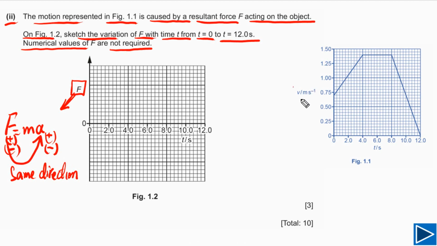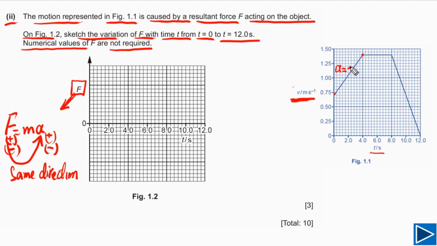Now let's find out when acceleration is constant, when acceleration is positive, when acceleration is negative, and when acceleration is 0. If we look at this velocity versus time graph, velocity is on the y-axis and time is on the x-axis. We need to find the gradient. From this point to this point, the gradient is constant and positive.